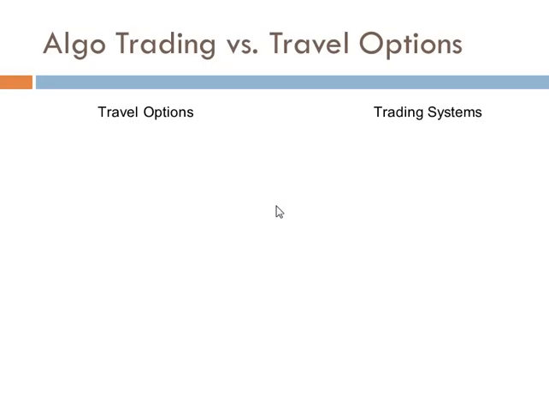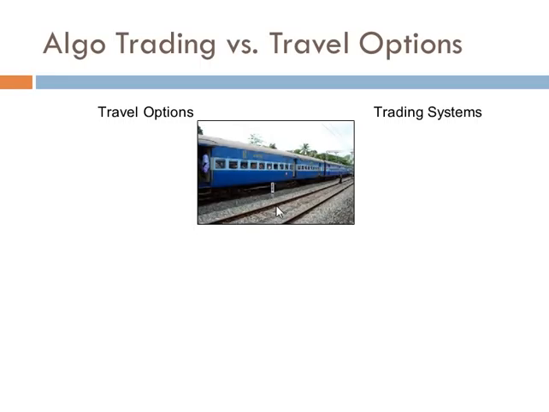Taking this example forward, I would like to compare and draw a parallel to the different travel options available to us. When someone hardly travels and needs to travel, he'd usually travel by train. This is for travelers who don't have too many travel commitments and don't travel frequently.